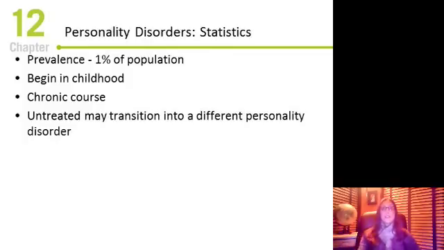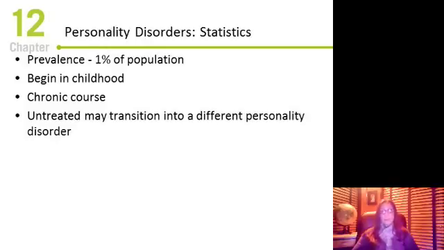Okay, so origins and course of personality disorders. PDs are thought to begin in childhood, and they tend to run a chronic course if untreated, right? They're not going to go away on their own. They may even become worse without being treated.